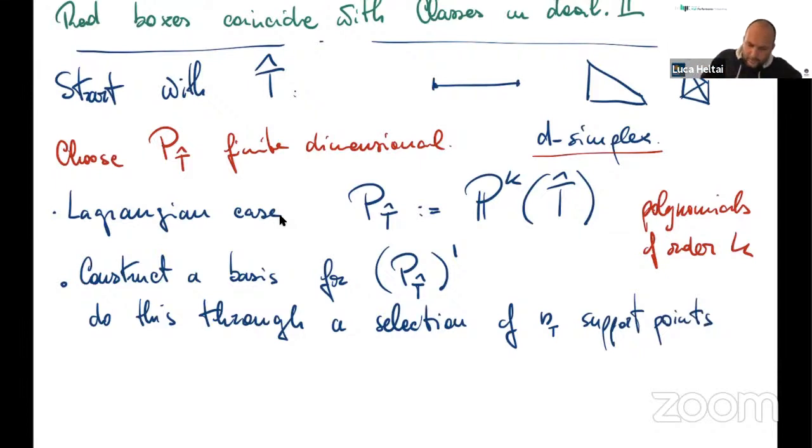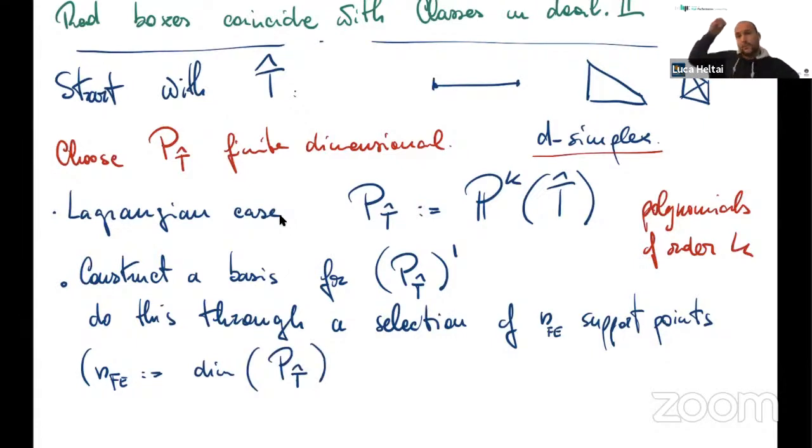Let me not call it NT, otherwise we get confused; let me call this directly NFE support points. So this NFE is exactly equal to the dimension of P of T hat.